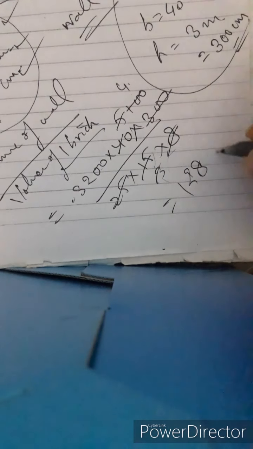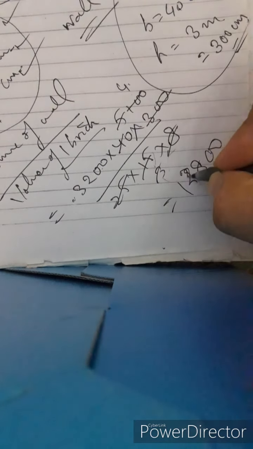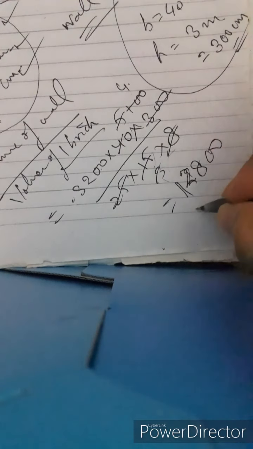All right, 2s are 8. So 12800 bricks are required.